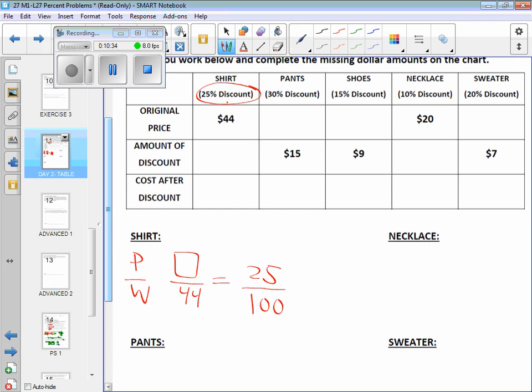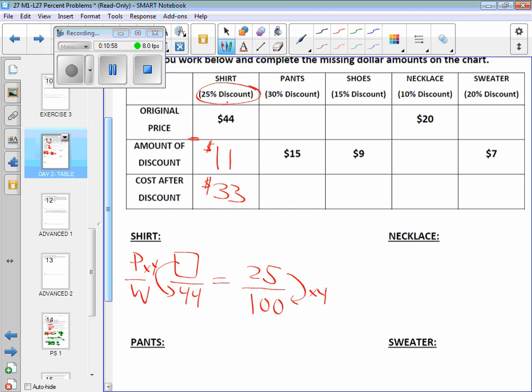Okay, 25 times 4. Yes. And therefore, what times 4 makes 44? $11 is what the discount is. Kayla, what do you have to do to 44 and 11 in order to get the cost after? You subtract. And that's going to make 33.